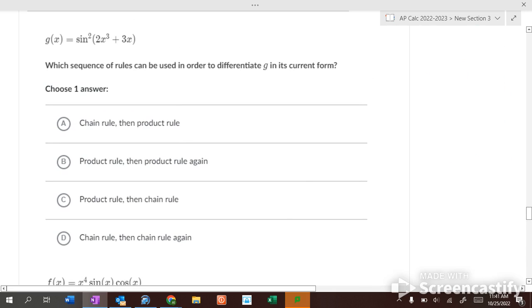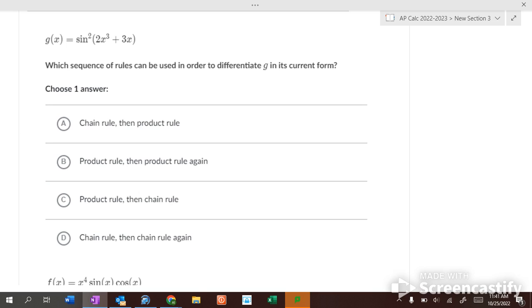What about that one? Chain rule first. And then after that, the product rule. What are we multiplying? I don't see any multiplying really. Well, I see multiplying, but not significant multiplying.